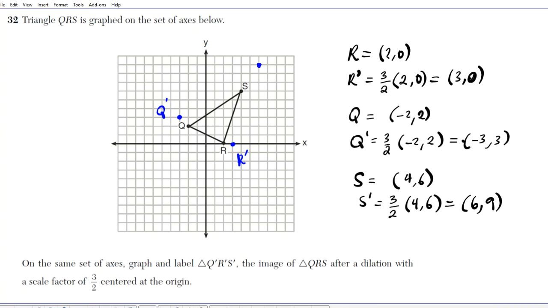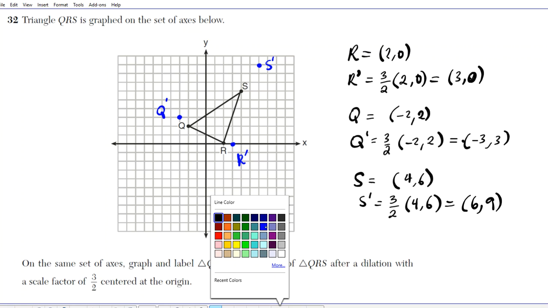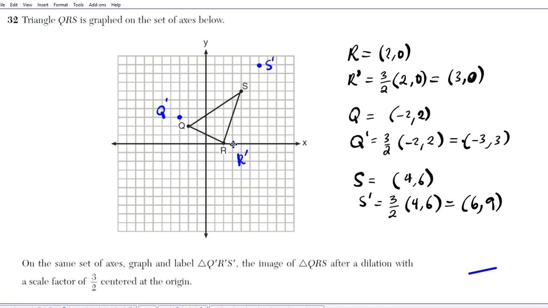Right there is point S prime. Okay, so let's go ahead and draw the dilated triangle after dilation by a factor of 3 over 2, centered at the origin. And this is our final result. Okay?